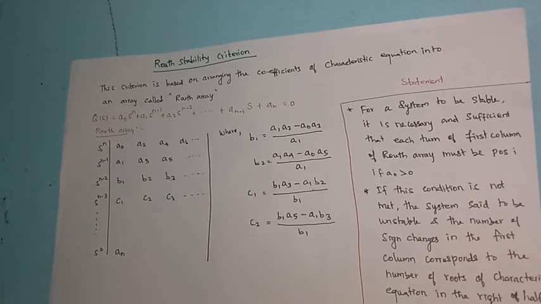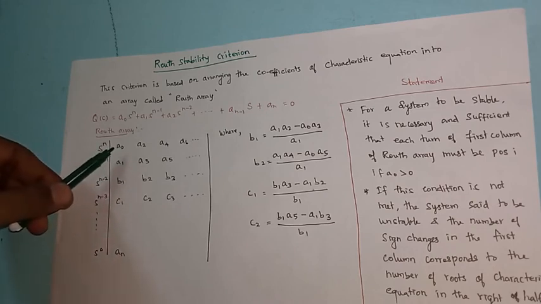In the first step, for the formation of a Routh array, we have to take two columns. The first column is s power n, s power n minus 1, s power n minus 2 and so on, and the next column holds the coefficients.